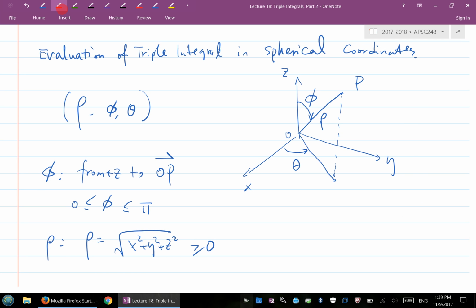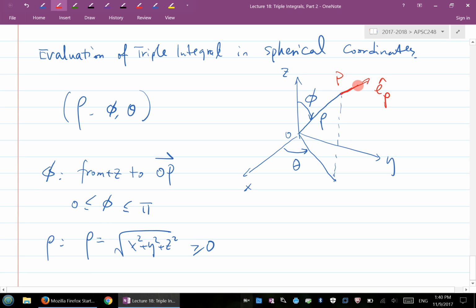Basically, at this point you can construct a different set of coordinate system. If I need to construct a spherical coordinate system, then just like the x, y, z Cartesian coordinate system, we draw an axis in the rho direction.